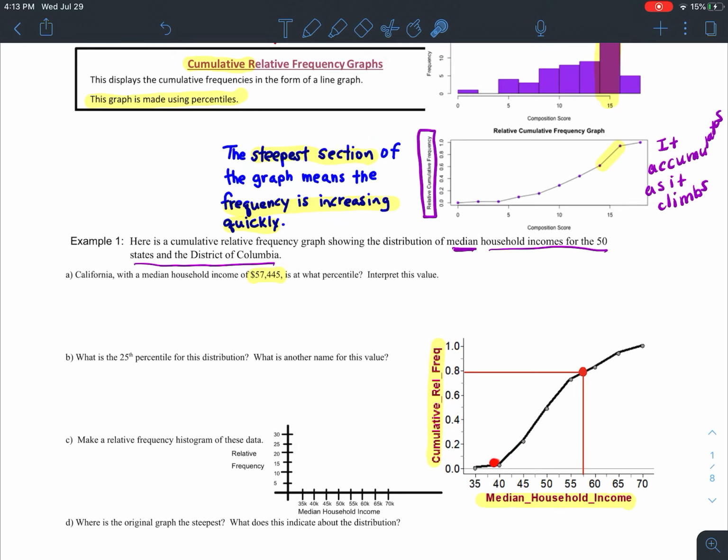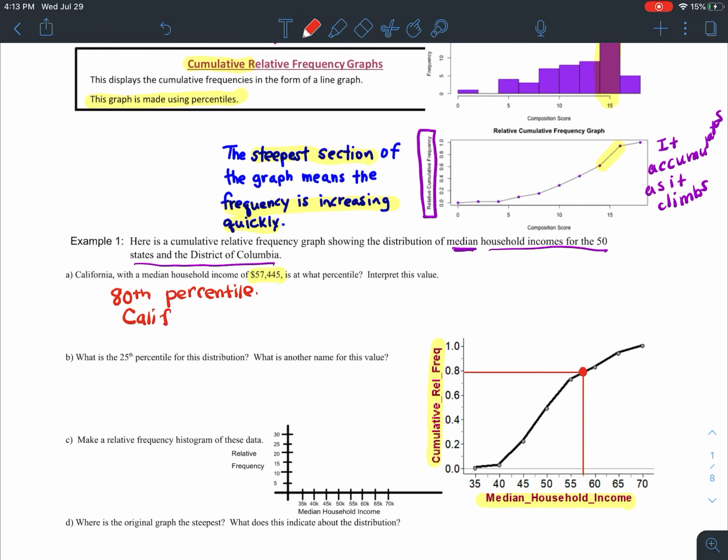All these other states that came before it had smaller median household incomes than California's, so it has a higher median household income than 80% of the other states. I'm going to go ahead and write down here that California is the 80th percentile. That's the percentile.